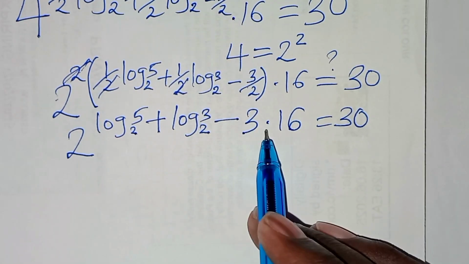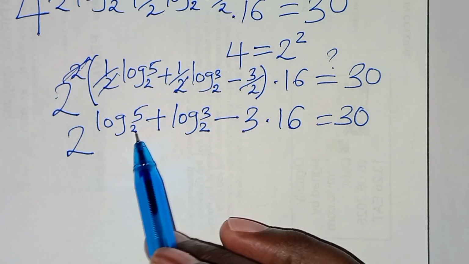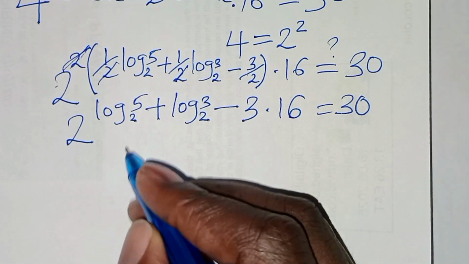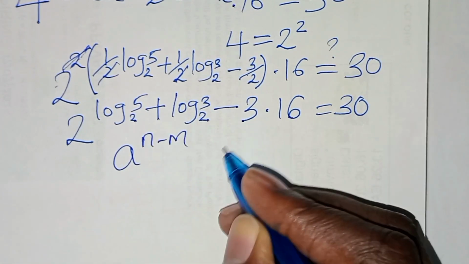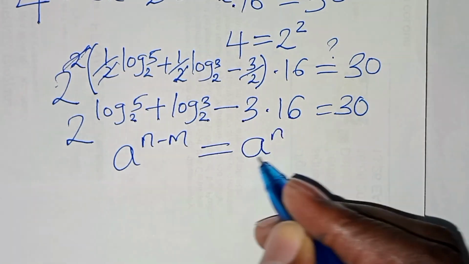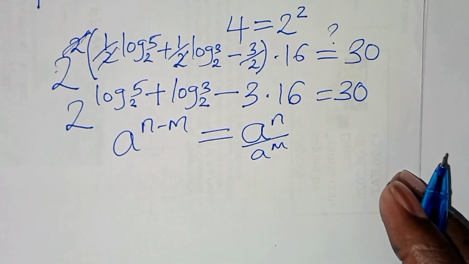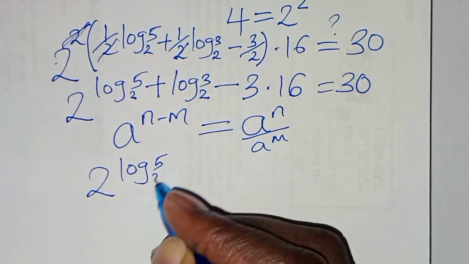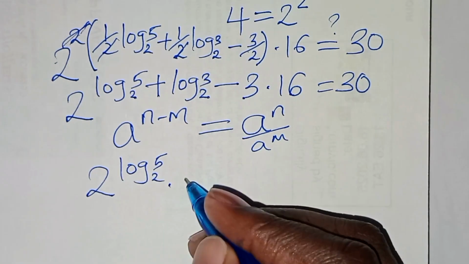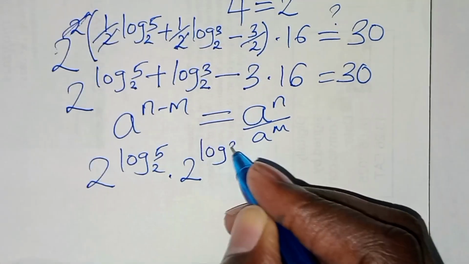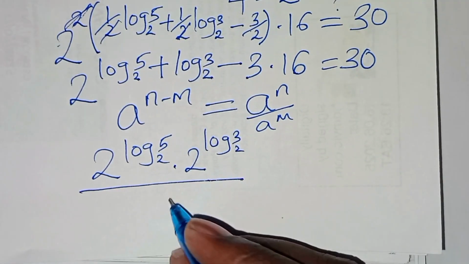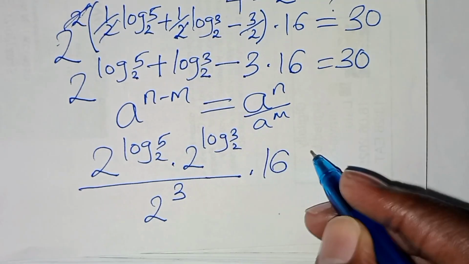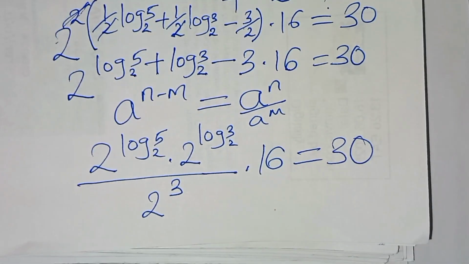The next step: 2 to power log 5 to base 2 plus log 3 to base 2 subtract 3 is in the form of 8 to power n minus m, which we can express as 8 to power n divided by 8 to power m. Applying this property, we'll have 2 to power log 5 to base 2 multiplied by 2 to power log 3 to base 2, divided by 2 to power 3, multiplied by 16. This is supposed to give us a value of 30.